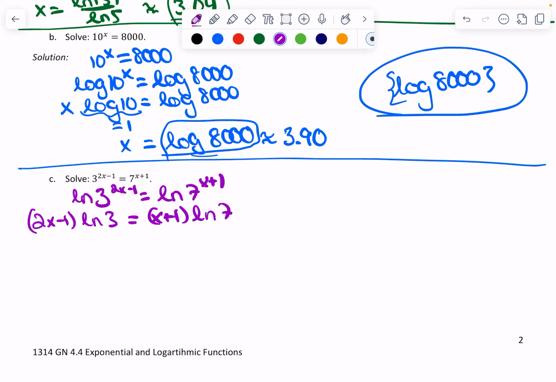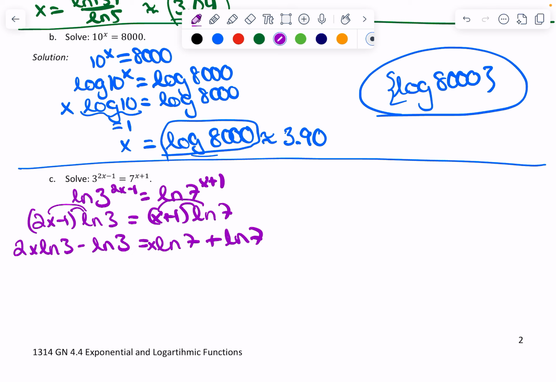We're going to distribute, so get rid of the parentheses. So we get 2x natural log of 3 minus natural log of 3. Same thing here, distributing x natural log of 7 plus natural log of 7.